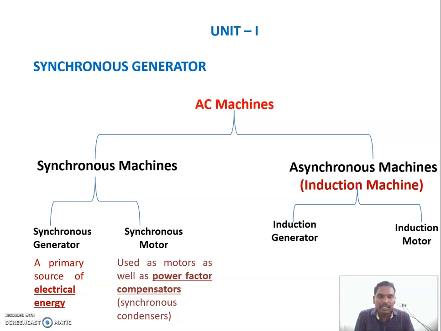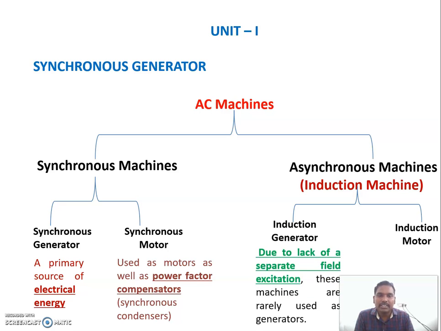Then the asynchronous machine, again classified into two types, as already told. Induction generator: due to lack of separate field excitation, these machines are rarely used as generators, and not in practical cases.